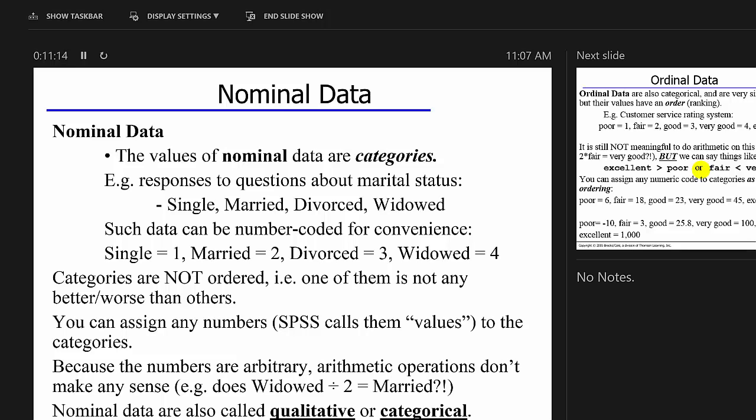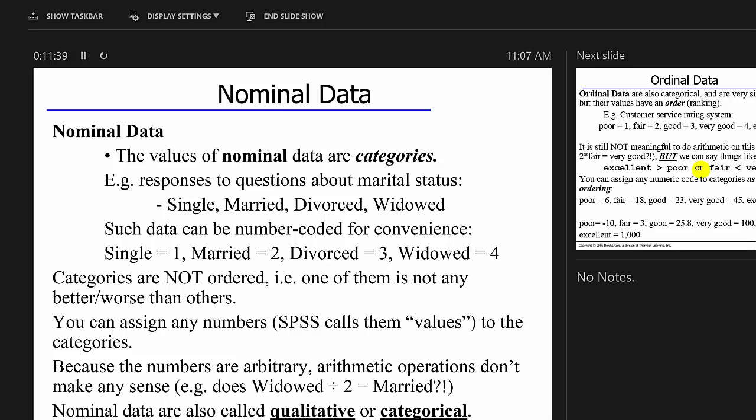Just as good of an assignment as the one before, right? Or we can go completely bananas, right? We can say single is minus 10, married is 25.6, divorced is 117, and widowed is square root of 3, right? It's weird, it's awkward, right? But the way we assign the numbers is completely up to us, okay?